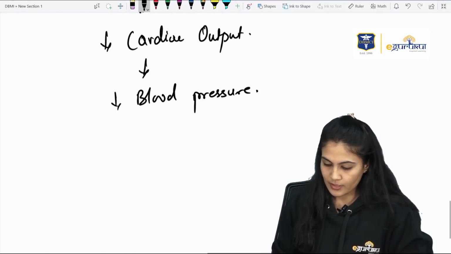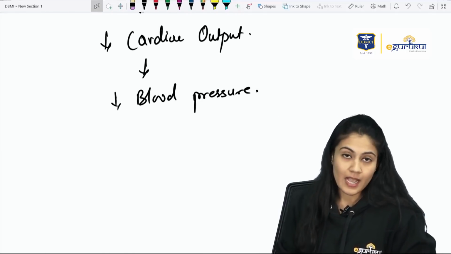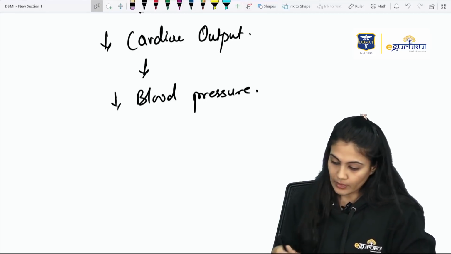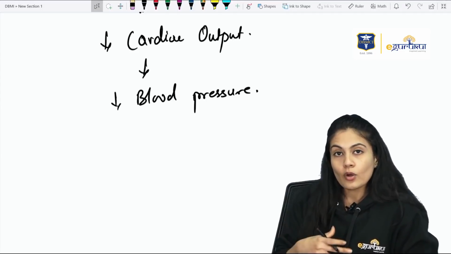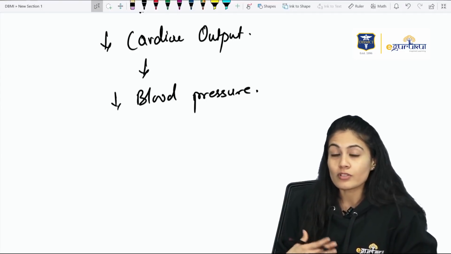Once the blood pressure is decreased, what happens next?